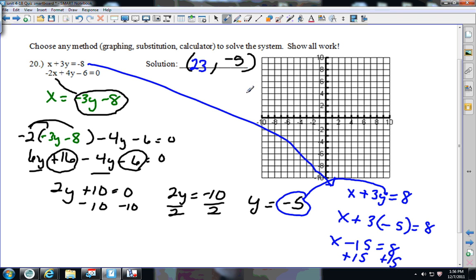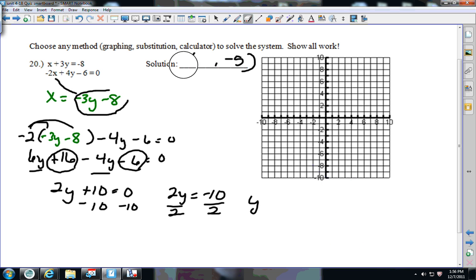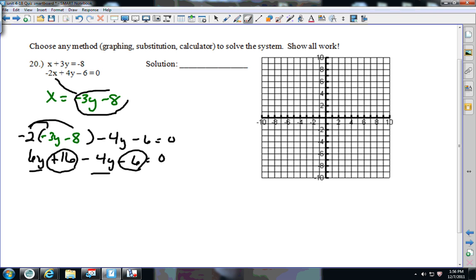Why didn't you silly people tell me that? I messed up, didn't I? Let me go back a minute. Where did I make my mistake? In originally writing the problem, this says plus 4y, so that should be plus. This should have been 10y plus 10 equals 0.